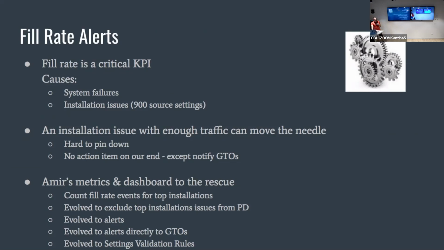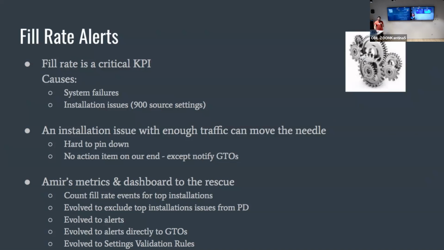So at the time this issue was the worst, Amir, our newly elected guild leader, was in the organic team. And like a Christmas story, we came one morning and he presented us with a Grafana dashboard that tracks exactly the top installation fill rate issues, if there are any. Now, he did it over Grafana and Prometheus, which isn't that easy to do because Prometheus isn't built for that.